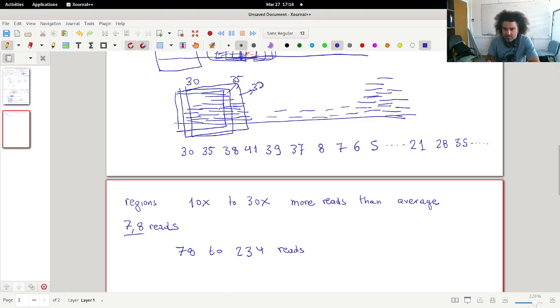So again, this is the average along all the windows in the genome, and these are the reads which correspond to 10 times more than the average, up to 30 times more than the average.